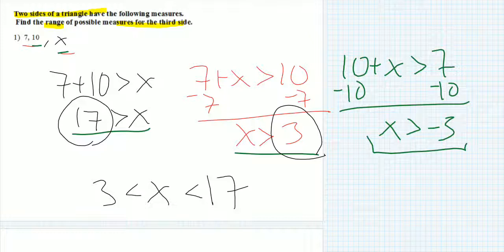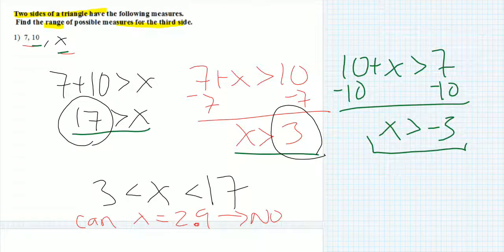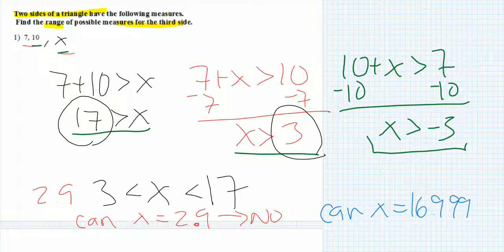Now, one thing I do need you to understand, which I didn't talk about before, is: can x be 2.9 based off of this inequality? The answer to that is no, because it does not fall in between that inequality. 2.9 would be somewhere right here, okay? I'm just trying to get you to understand how to read that inequality. And then can x be 16.999?